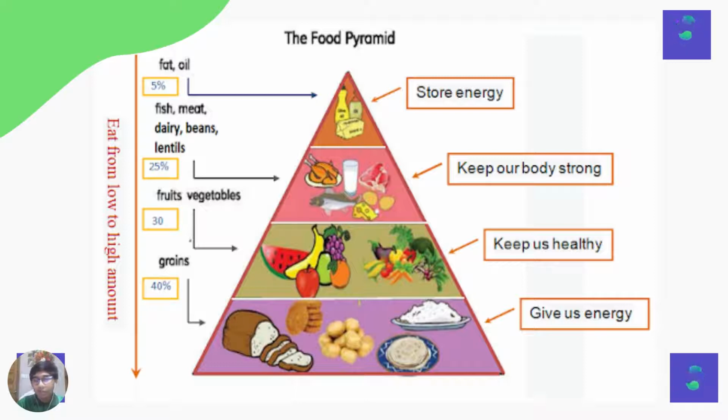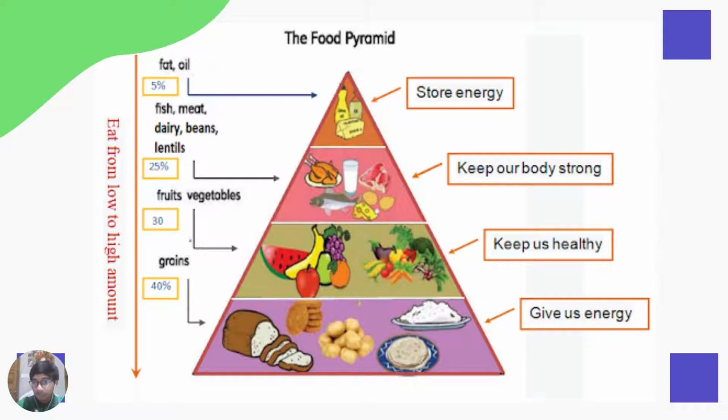At the top of the food pyramid, we can see fats and oils, which we should eat at the lowest amount possible, and about 5% of 100% of our daily diet should include fats. Now, about the rest, 95%. Out of the rest 95%, 25% of our diet should include proteins to keep our body strong.